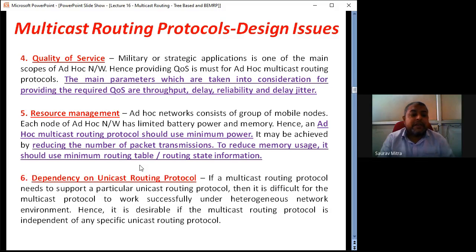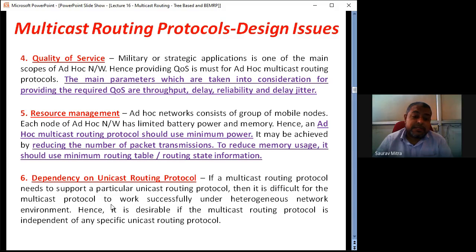Last point, it's called dependency on unicast routing protocol. So if a multicast routing protocol needs to support a particular unicast routing protocol, so unicast means one sender to one receiver, then it is difficult for the multicast protocol to work successfully under heterogeneous network. So multicast means many sender to many receiver. In that case, suppose there are 10 senders and 10 receivers.